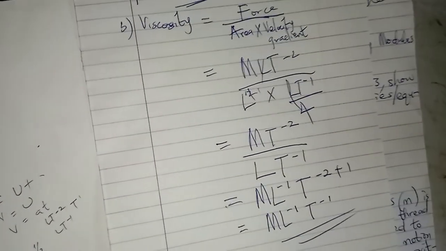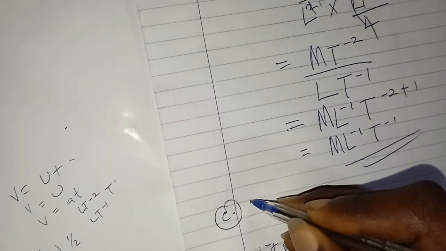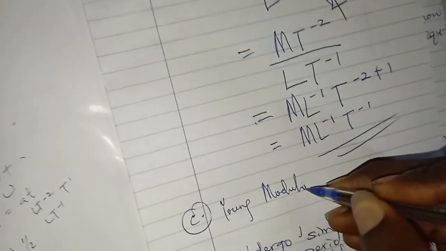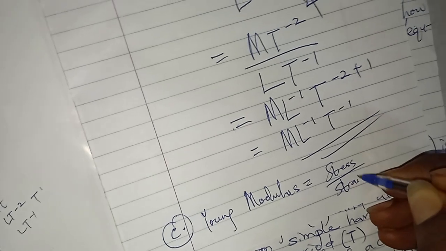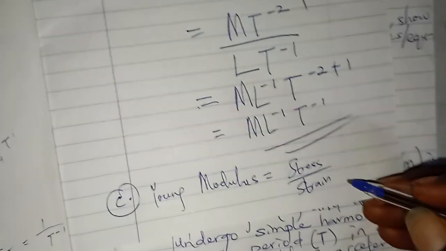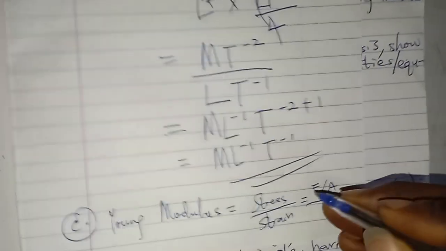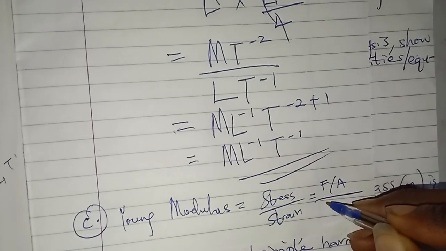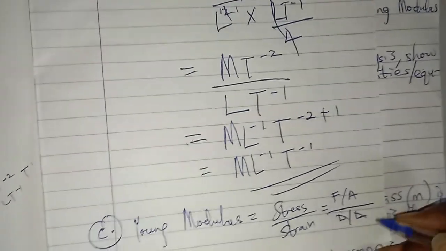This is viscosity. Young modulus is simply stress over strain. And we know that stress is the same thing as pressure, force over area, and strain is the same thing as extension over original length, L over L, and anything by itself is 1.